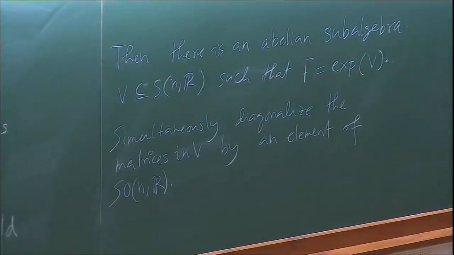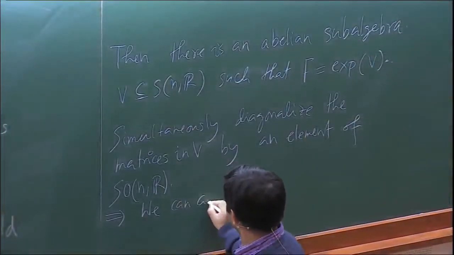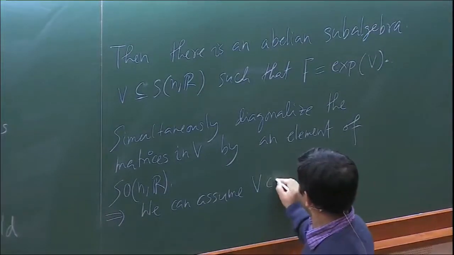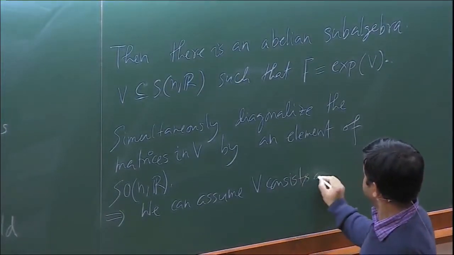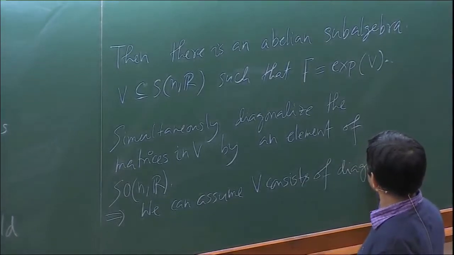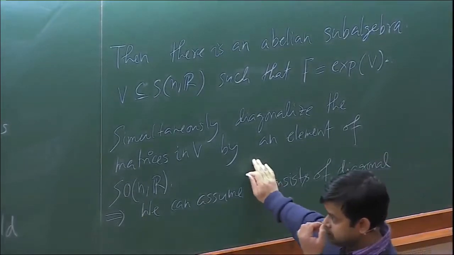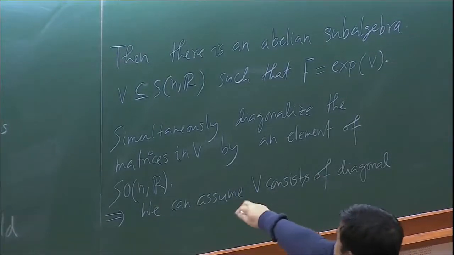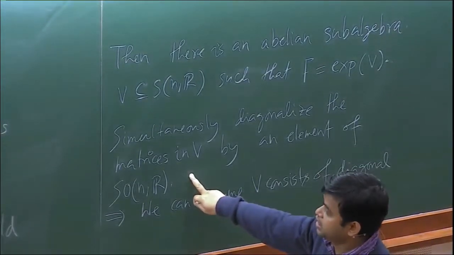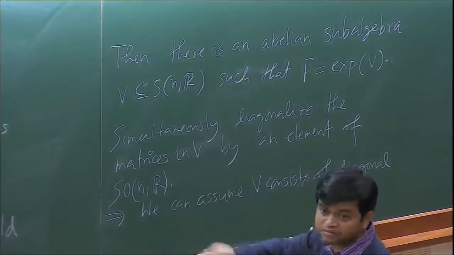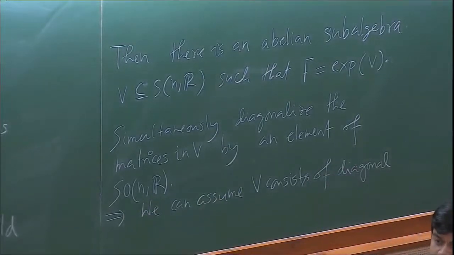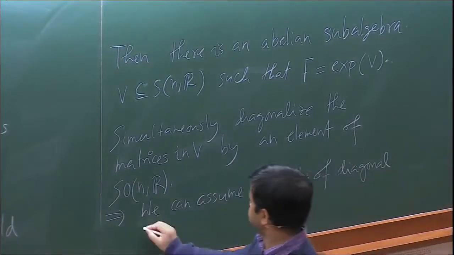So therefore we can assume that V is already contained inside the diagonal. This implies we can assume that V consists of diagonal matrices only, because when you conjugate, you'll get some different abelian subalgebra, but again that will give you some flat that is passing through identity, because S1 fixes the identity. We can assume that V consists of diagonal matrices.